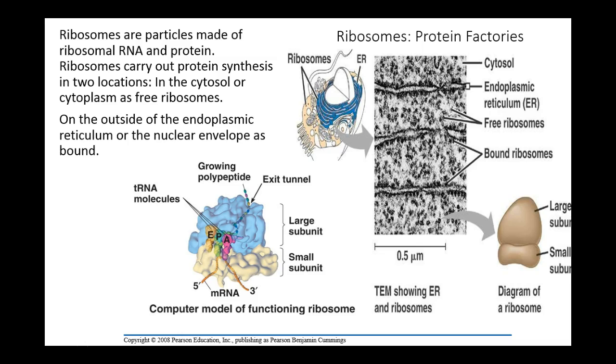You can find ribosomes in two areas. They can be free floating in the cytoplasm. We call those free ribosomes, or they can be located on another organelle called the endoplasmic reticulum. And the endoplasmic reticulum interfaces with the nuclear envelope.